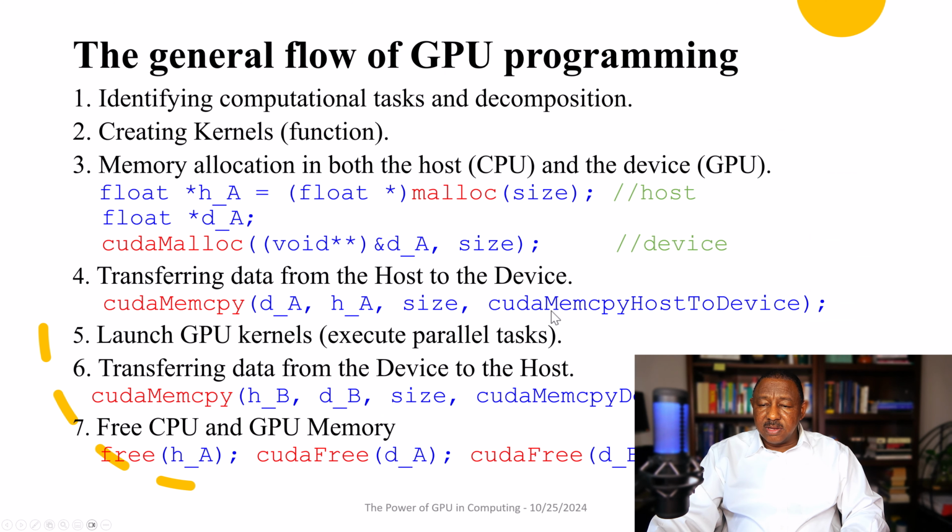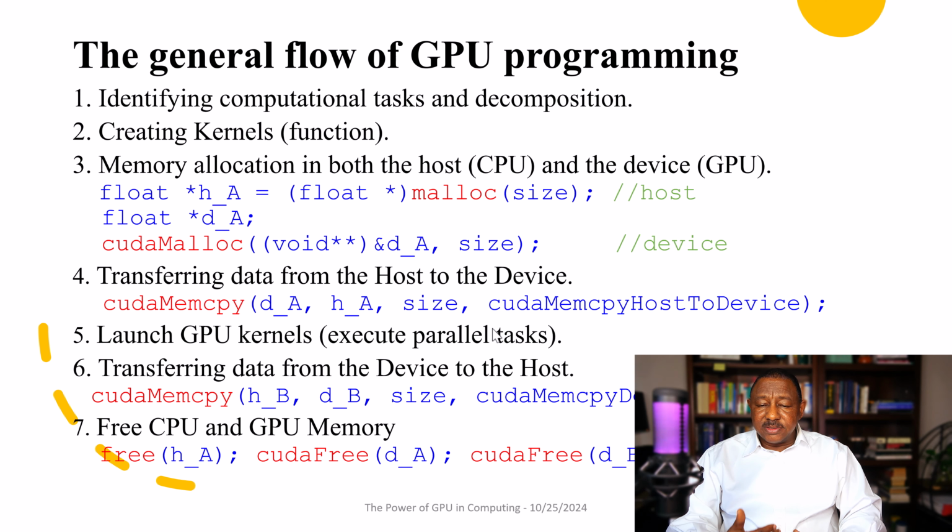So it's from the memory of the CPU to the device. Then we need to launch the GPU, and by launching the GPU, that means we run the function or the kernel in the GPU, and of course we run it simultaneously based on the information that we provided when we configured the threads.